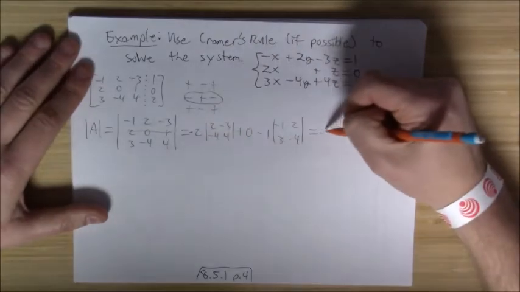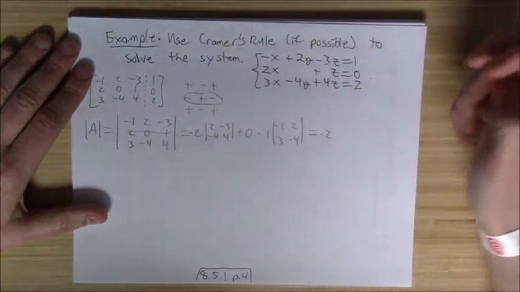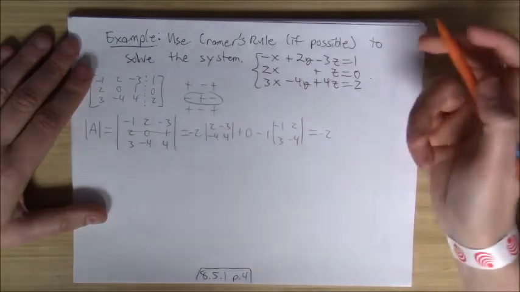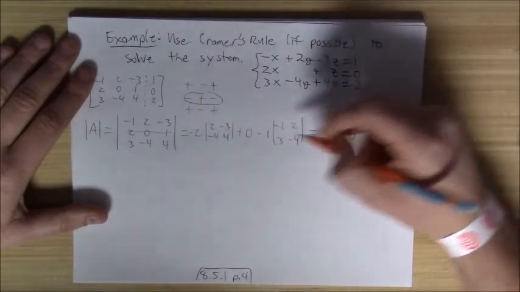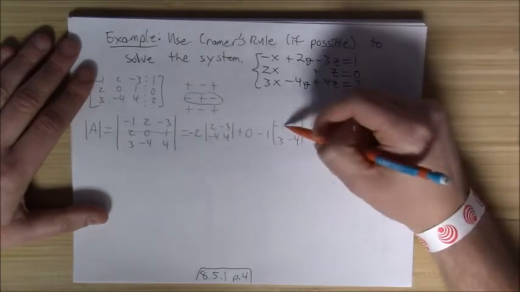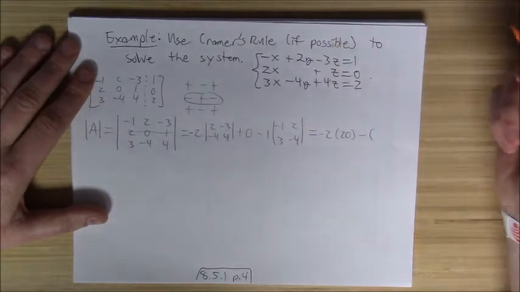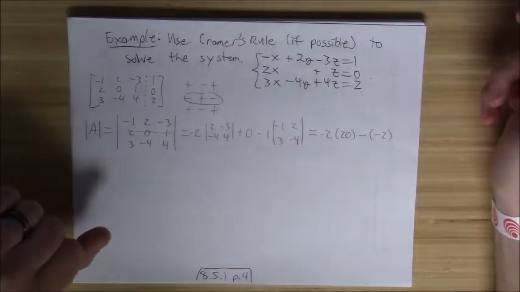And that's going to give us what? Negative 2 times 8 minus negative 12, so 8 plus 12, so 20. Minus 1 times what? Positive 4 minus 6 is negative 2. So we're going to get positive 40.